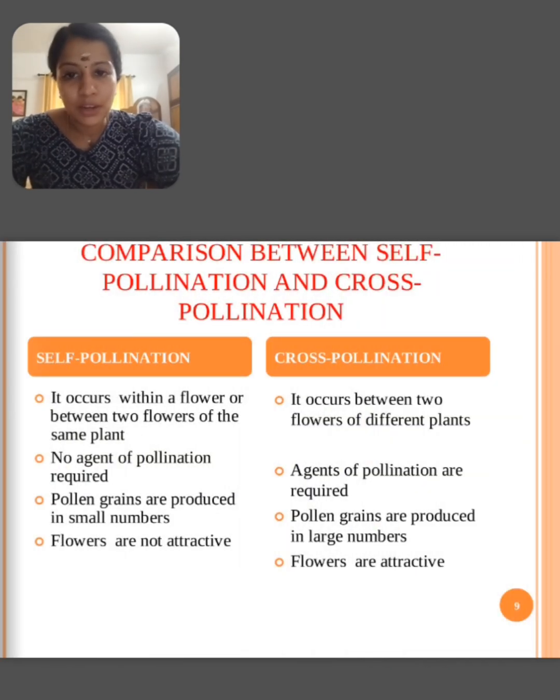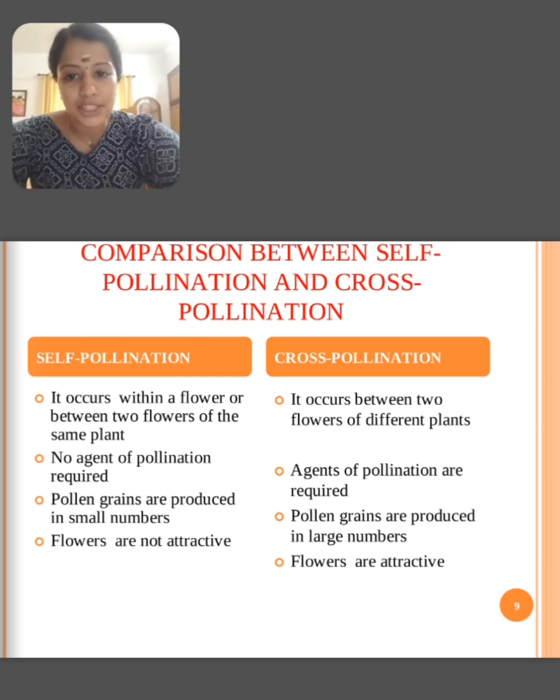So when we look at the comparison between self-pollination and cross-pollination, self-pollination occurs within a flower or between 2 flowers of the same plant, and as said earlier, cross-pollination occurs between 2 flowers of different plants. In self-pollination there is no need of an agent of pollination, while in cross-pollination agents of pollination are required.